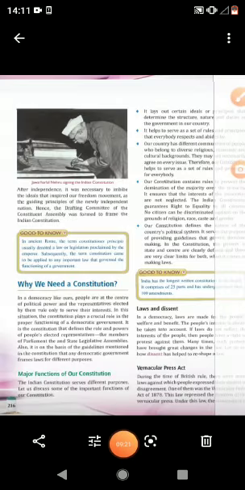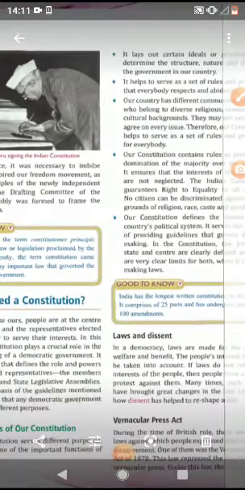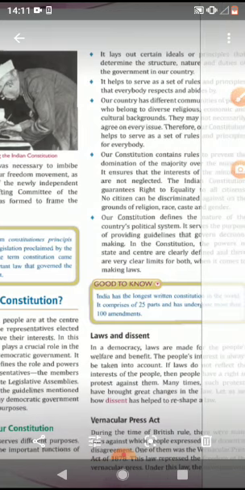Now, in concern of the law, we are going to discuss the next topic, that is laws and dissent. So in a democracy, the laws are made for the people's welfare and benefit. And when the laws are made, it is always kept in mind that they must be in the people's interest.